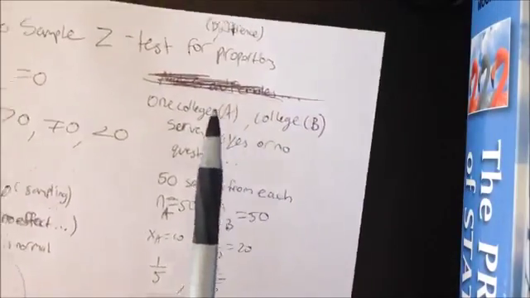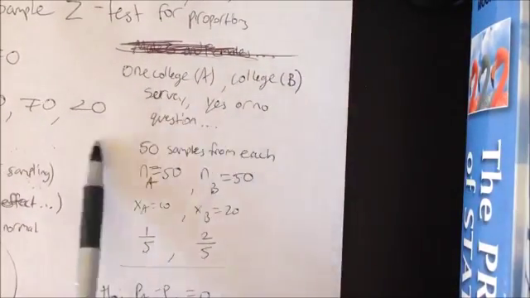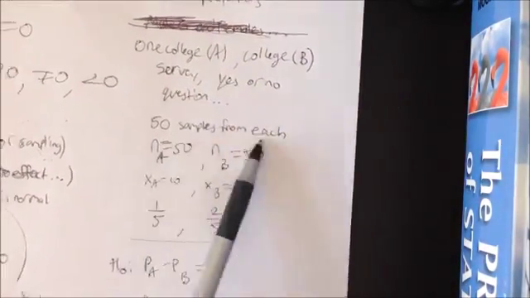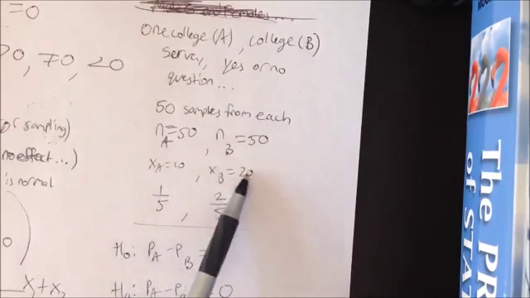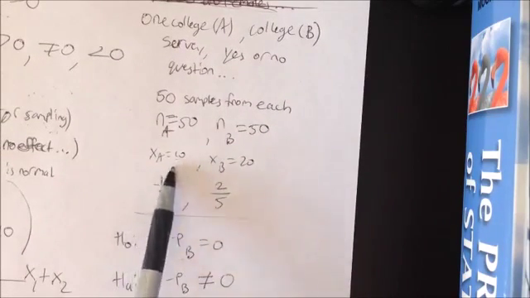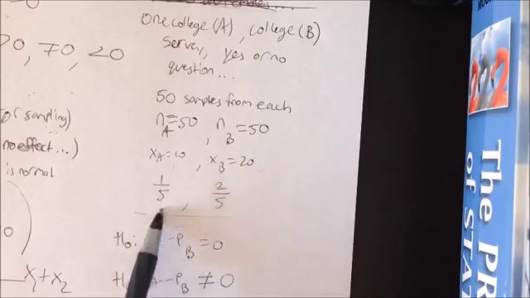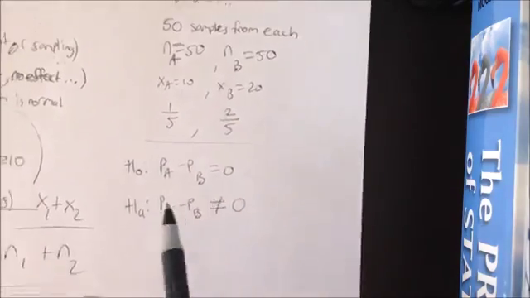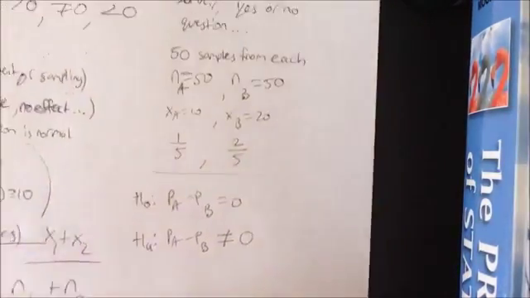So a quick example: college A and college B, a survey with a yes or no question, 50 samples each, nA equals 50, nB equals 50, xA equals 10, and let's just say xB equals 20. So we have these two proportions. We're going to make this quick, and I'm going to do this on the calculator to show you.